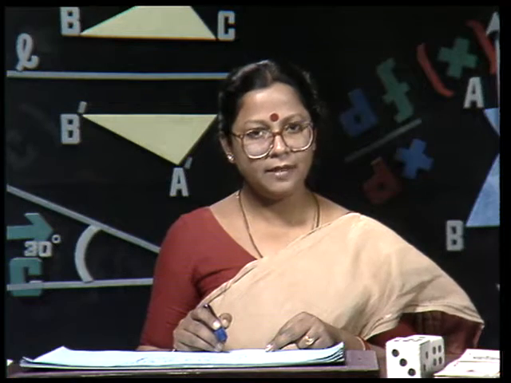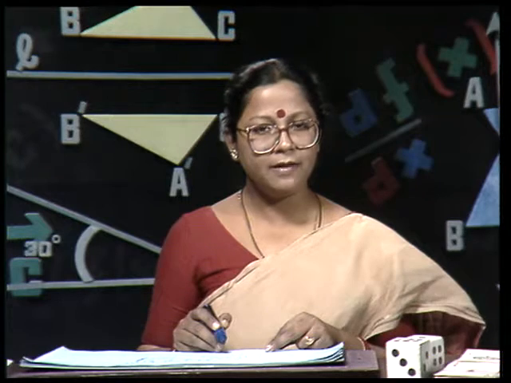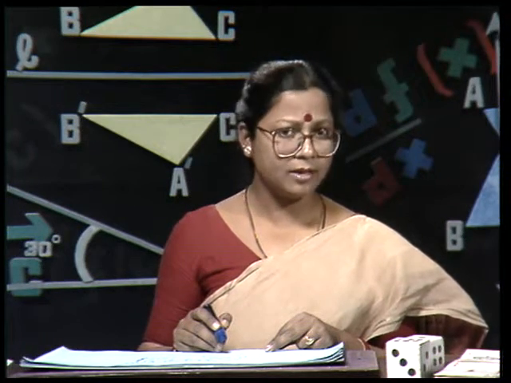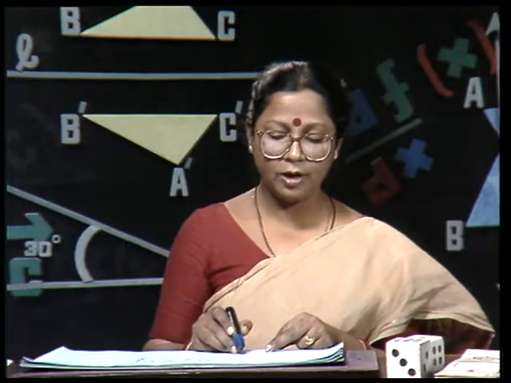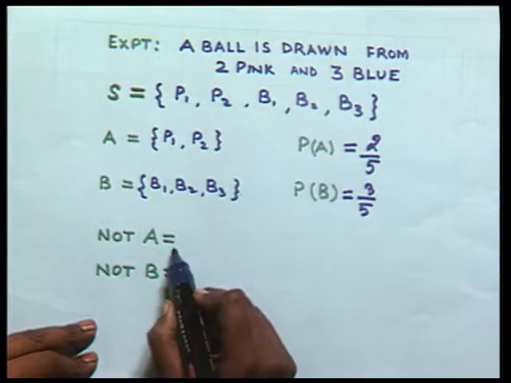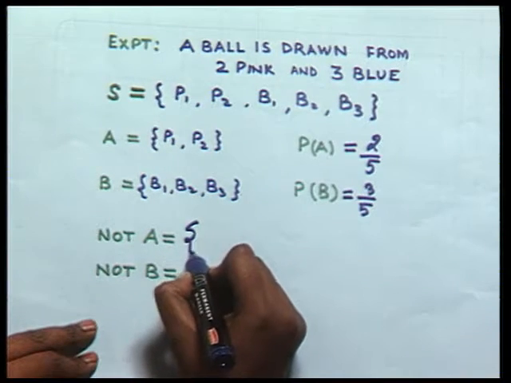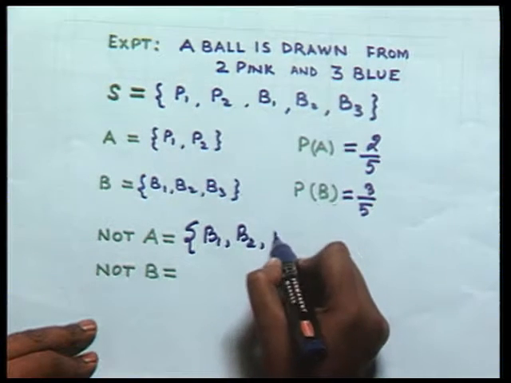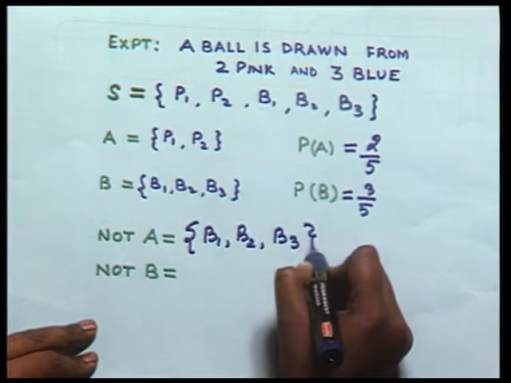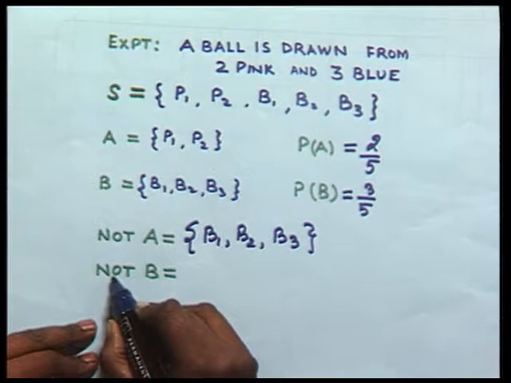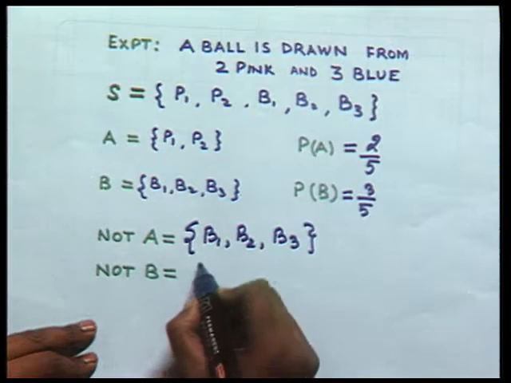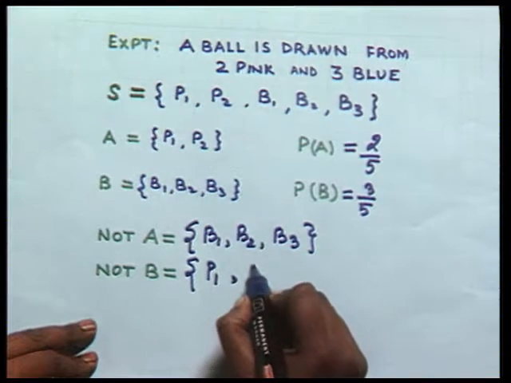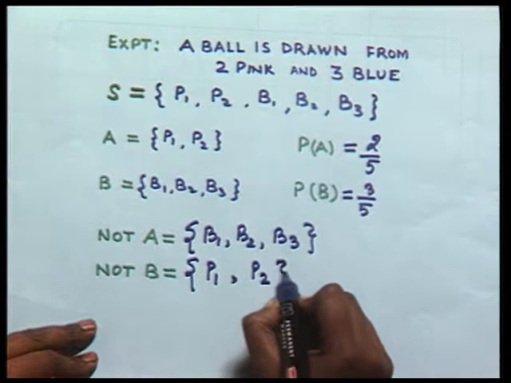We define an event not A as an event which occurs when and only when event A does not occur. So, event not A for this experiment will have the outcomes B1, B2 and B3. Similarly, event not B will have the outcomes P1 and P2.